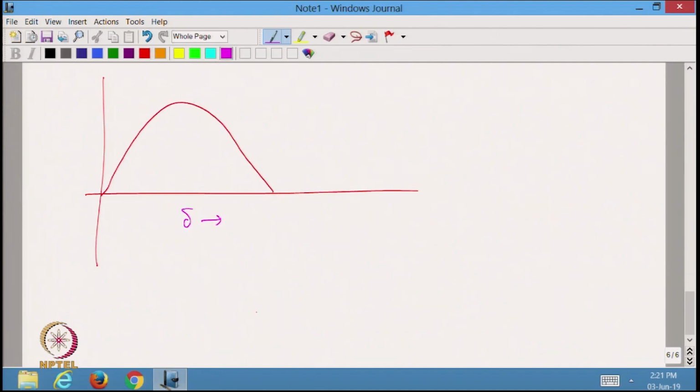If this is delta and this is power, I am going to have an increase in the power as delta increases. There is no doubt about that, right? And the maximum power probably is somewhere here, which will be much higher than even 1 megawatt. So, probably originally it was operating somewhere here and it is moving in this direction.